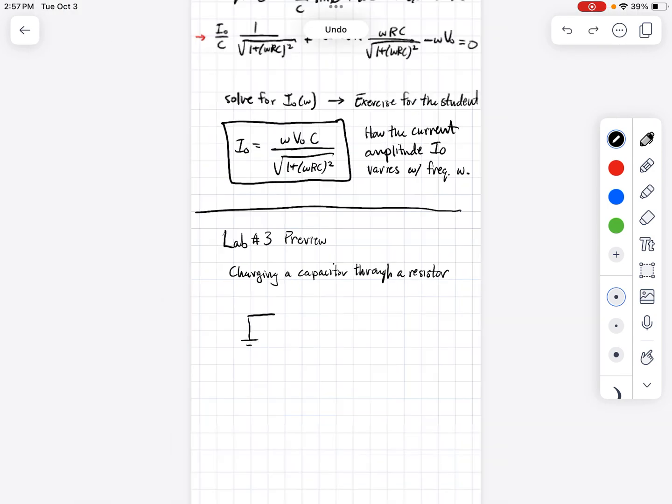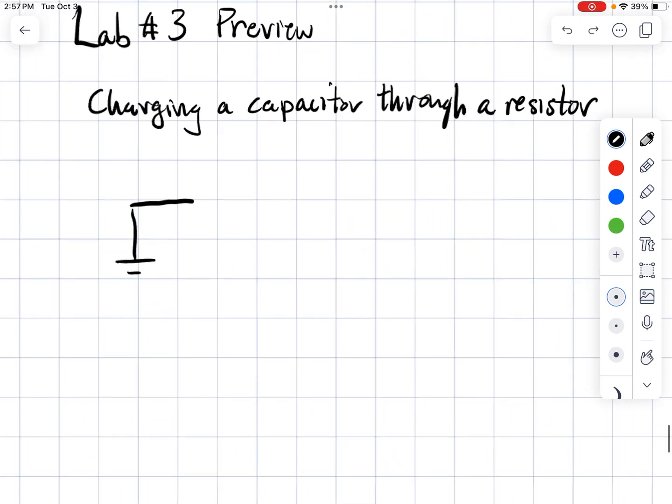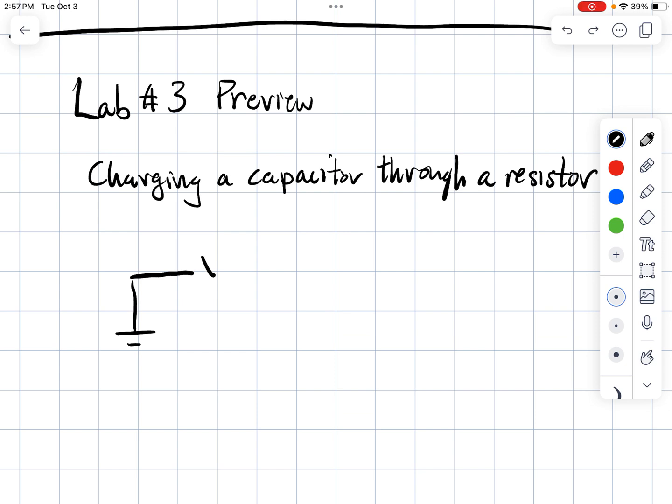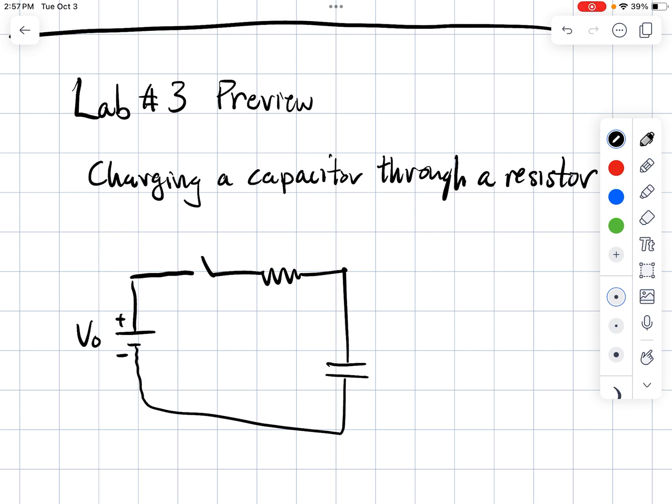Suppose the battery has voltage V naught. Here's our switch S, here's our resistor R, here's our capacitor C. And then maybe we look at the voltage across the capacitor with an oscilloscope or something like that.